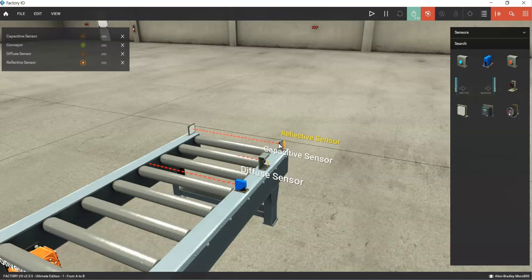But there are two other types of discrete sensors that we could have potentially used in this scene that were available in Factory I/O. When you go to Factory I/O, we see sensors, and here are all the available sensors, a few different types. So there were two proximity sensors that we could have picked from. There was this capacitive sensor and this inductive sensor.